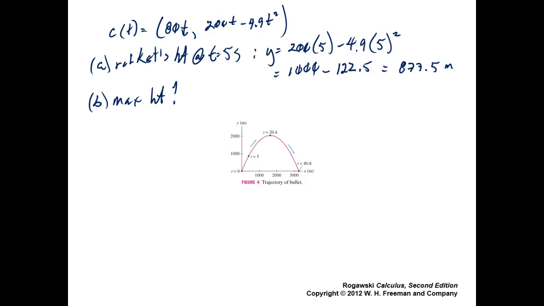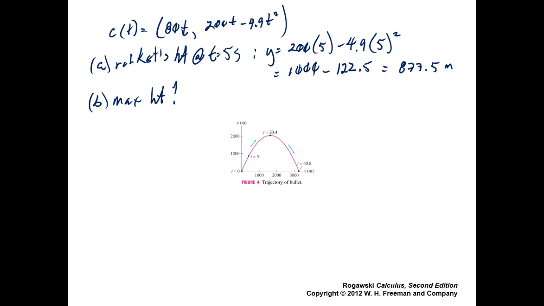Would the 200t minus 4.9t squared be 0 there? What would be 0? The derivative of that, why is that? Yeah, where the slope equals 0, so that would be the maximum height.